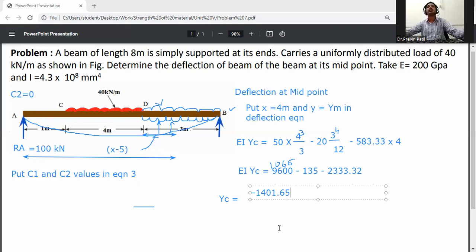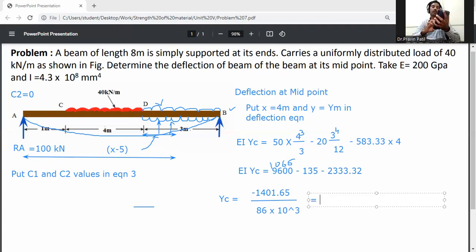It will be minus 1401.65 divided by EI. We calculated the EI value in kilonewton meter square as 86 into 10 to the power 3. From this relation, yc is equal to minus 1401.65 divided by 86 into 10 to the power 3, which is minus 0.016298 meter.